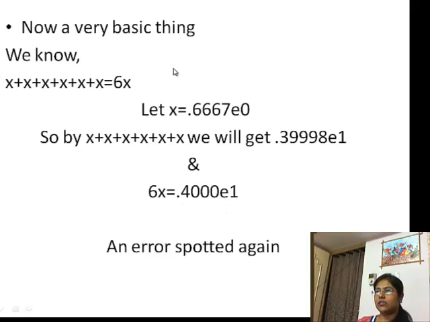So a very basic thing is that we know that x plus x plus x plus x plus x plus x equals 6x, and if we take a value of x as 0.6667 e to the power 0 and we evaluate this whole term individually, that is adding the value of x each time, we get 0.3998 e to the power 1, and if we evaluate just the RHS part, that is 6x, we get 0.4000 e to the power 1.